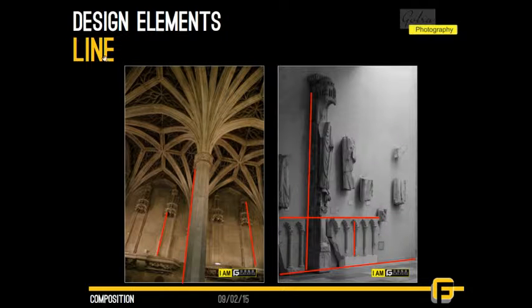Now how do we see the lines? If you look at this image, where do you see the line? These are the lines, which are showing you why they are lines here in the image.